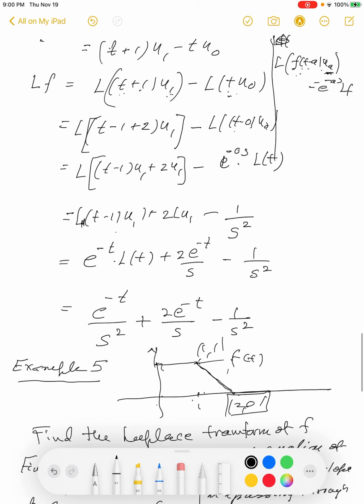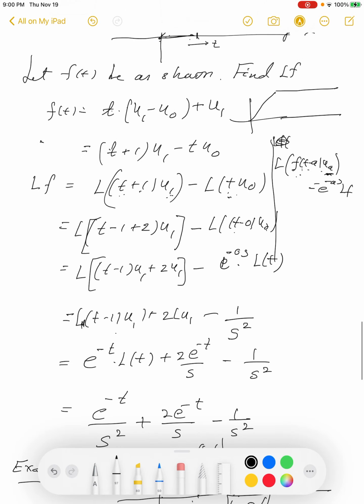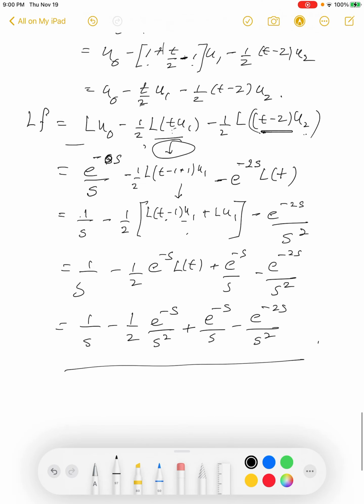Yes, I think there we had t plus 1 u1, which you write as t minus 1 plus... So this is the trick you should be careful about when you apply this formula. You will need practice for doing these chores, but it's not difficult.